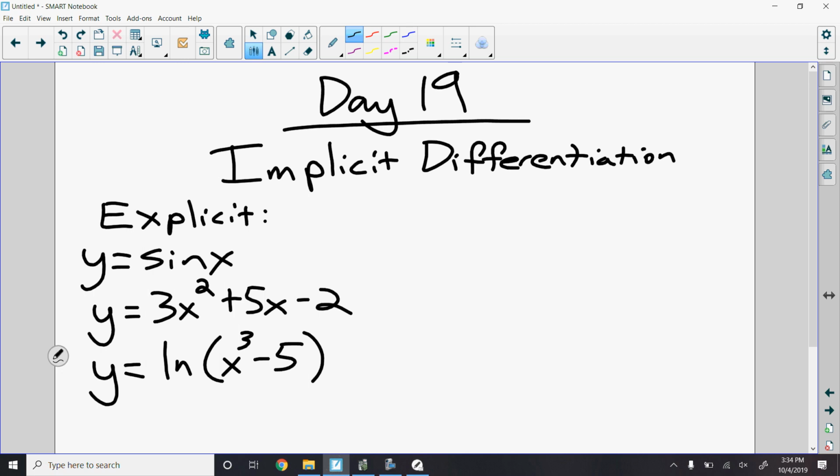In all of those formulas, y is explicitly solved for, meaning we have it written as y equals some kind of function in terms of x. With implicit curves, y is not explicitly solved for. It could be as simple as just rearranging an explicit function, but usually it's a little bit more difficult than that. Here are some examples of implicit functions.